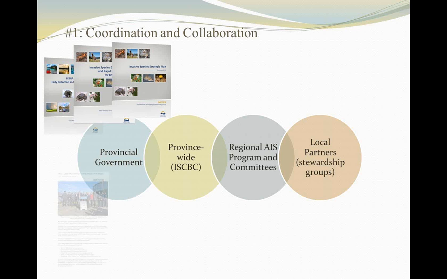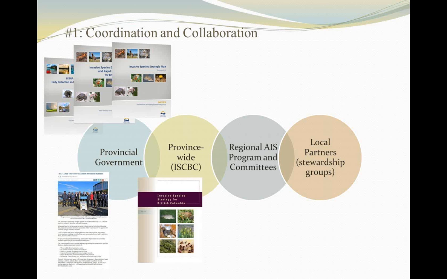And you may have also heard their announcement that they'll be having mandatory boat inspection stations, 3 of these roving boat inspection stations in BC starting this summer, as well as putting up a lot of billboards and signage on the provincial border. So they've been active.